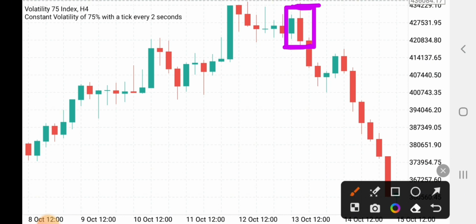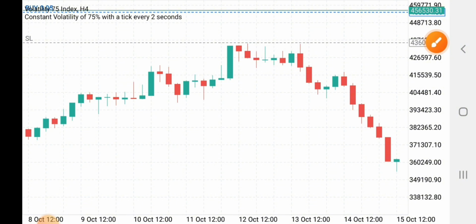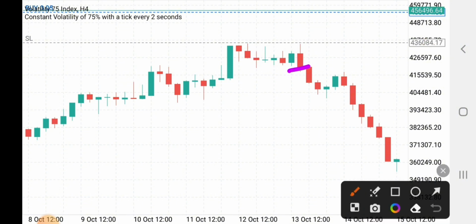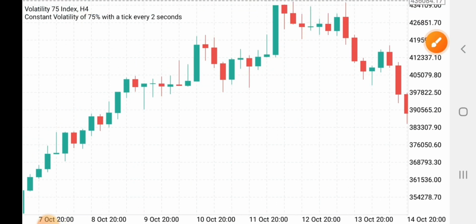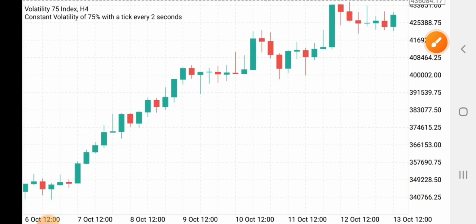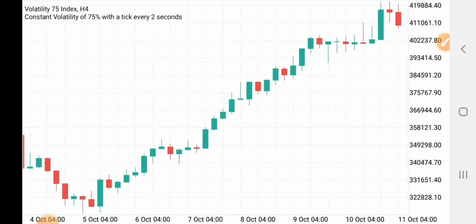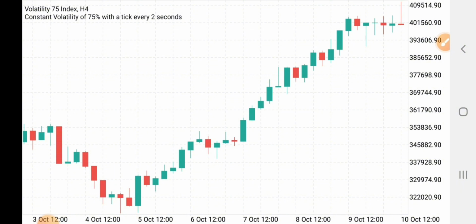This is exactly what you want, guys. You simply place your trade at the close of this candle, stop loss above here, your TP times 2 or 3 or 4. This strategy, guys, is so simple and sweet. Let's see if we can get more.